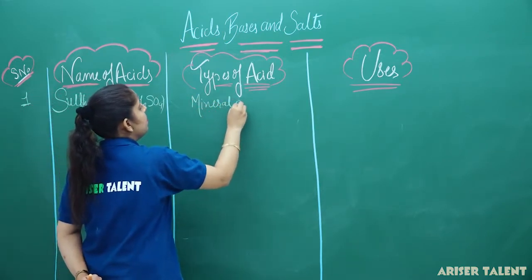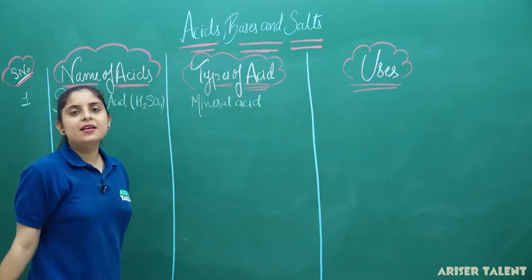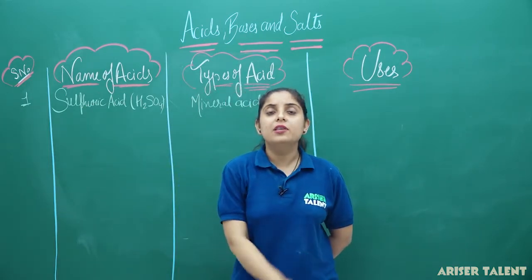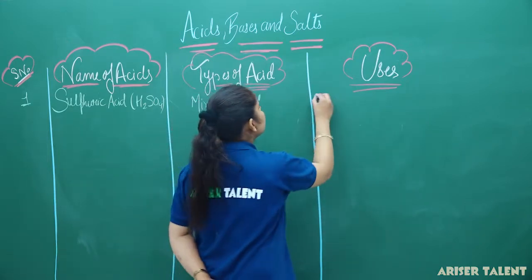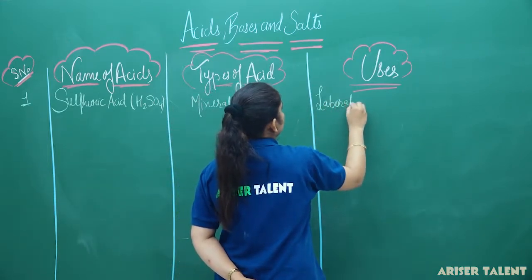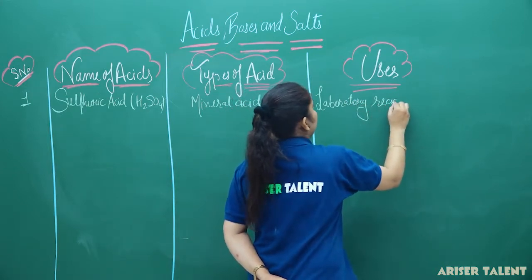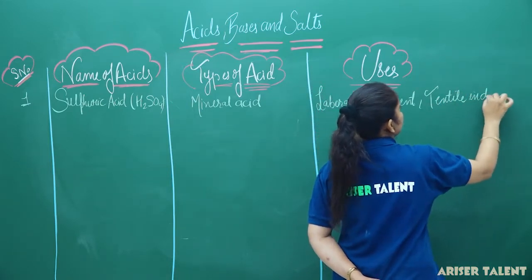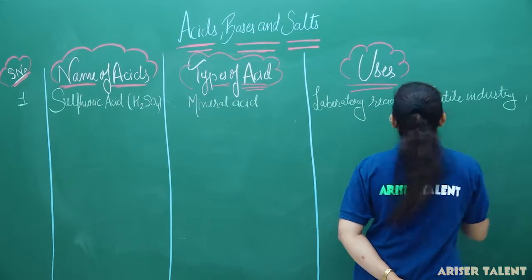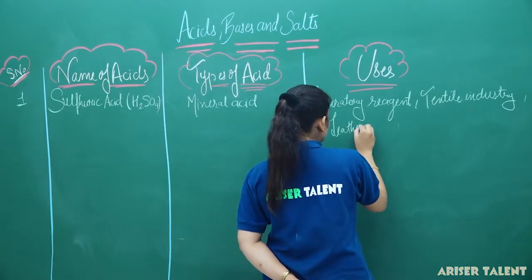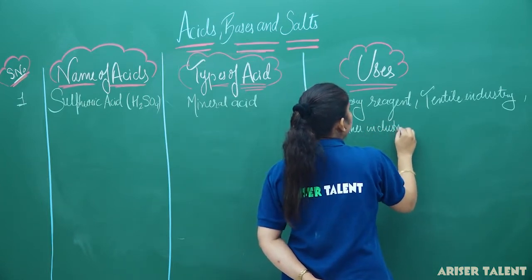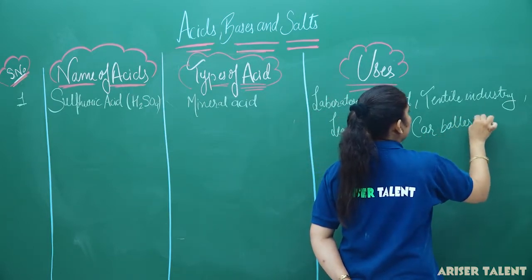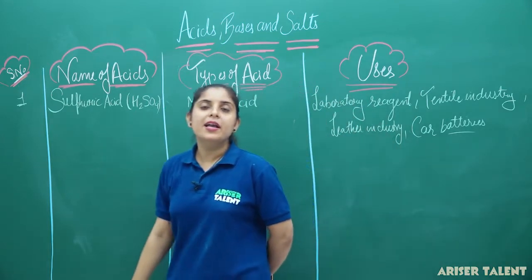Sulfuric acid is used as a laboratory reagent, in the textile industry, in the leather industry, and it also finds its application in car batteries. So this is the use of sulfuric acid in your day-to-day life.